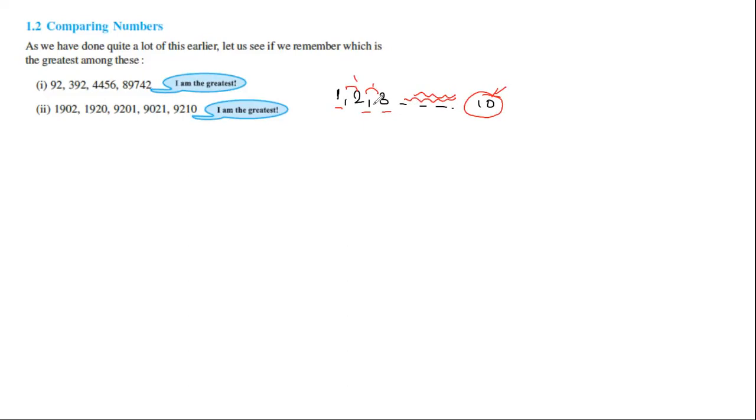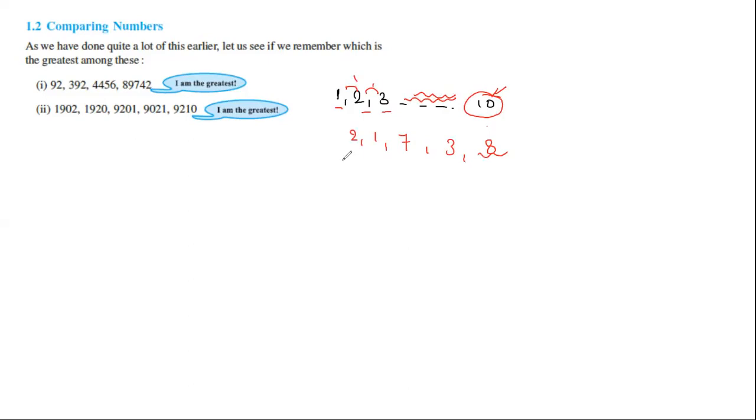Likewise, in your exam they will not write the numbers directly in this way. They may ask in a jumbled up manner, in a random order, like 2, 1, 7, 3, something like that. Then you will have to say which one is the greatest number.